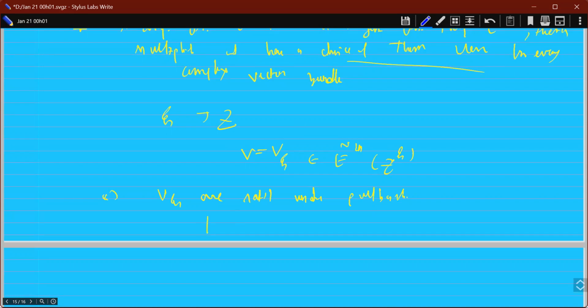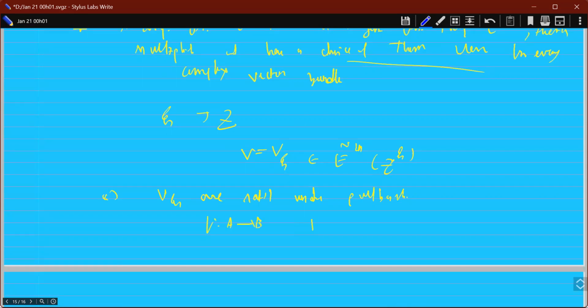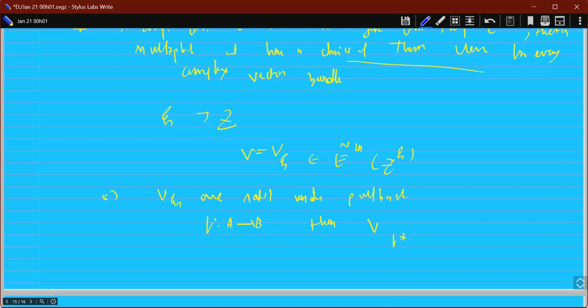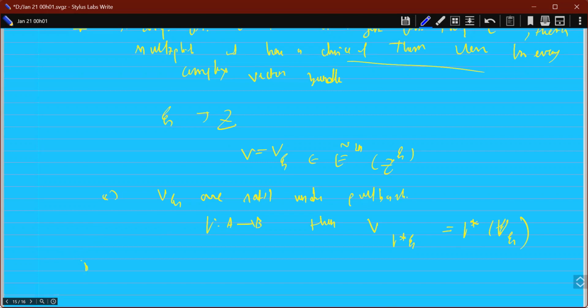So what does that mean? That means that if you have this map, it's a naturality, natural under pullbacks. And secondly, for all x, the image of this under the composition is the canonical element.